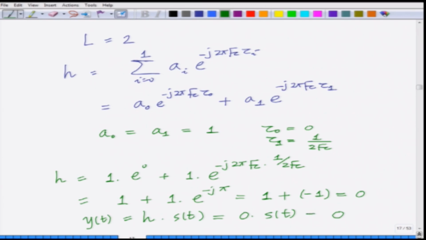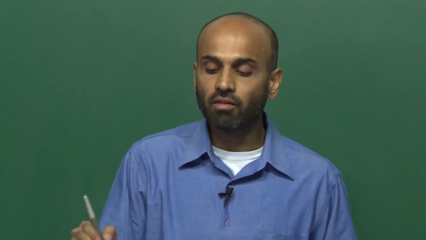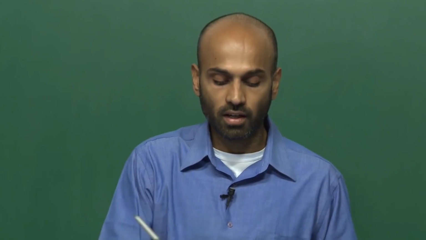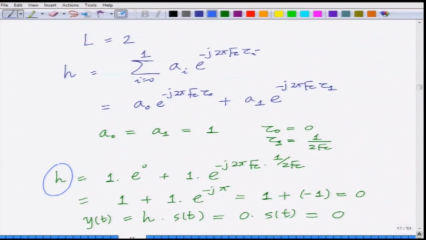Therefore, the received signal is perfectly cancelled, and this is an example of destructive interference, where these two multipath components perfectly cancel each other. In this case, h is 0, which shows destructive interference.